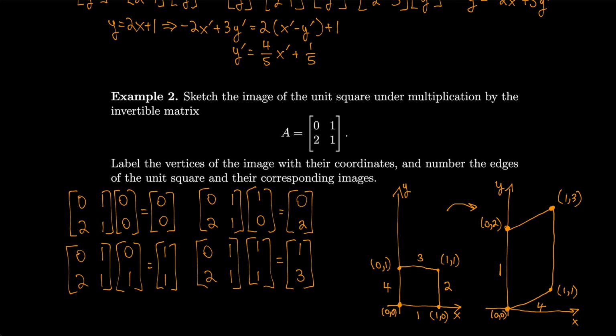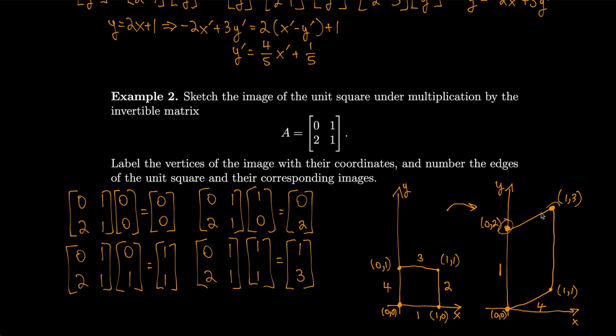So from, let's see, we had that from (1, 0) to (1, 1), (1, 0) went to (0, 2). So I have (0, 2). And then somehow (1, 1) ended up at (1, 3).